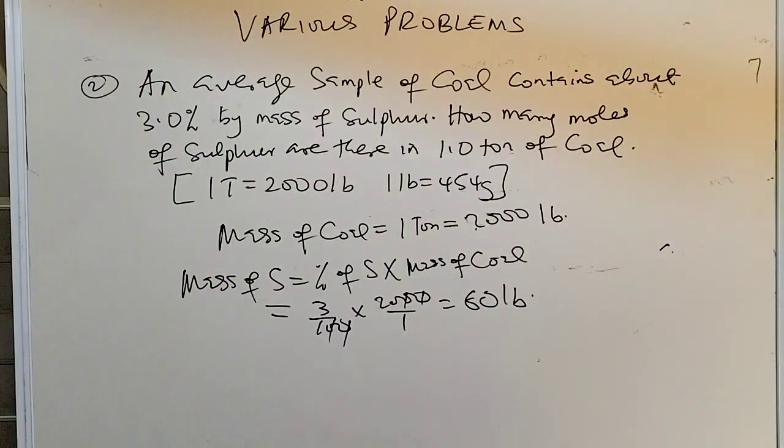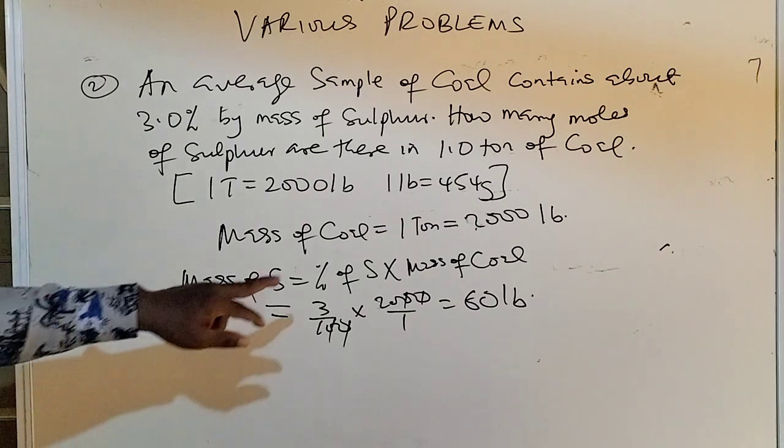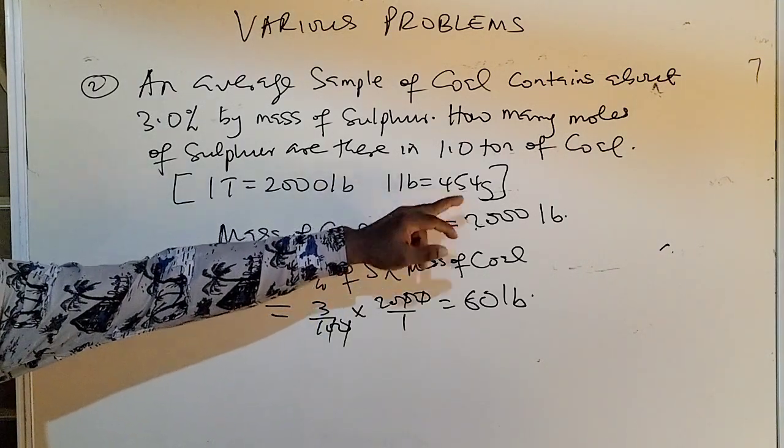So before we proceed to find the number of moles of sulfur, how do we convert the 60 pounds weight to grams? We'll look at the conversion factor. 1 pound weight is 454 grams.